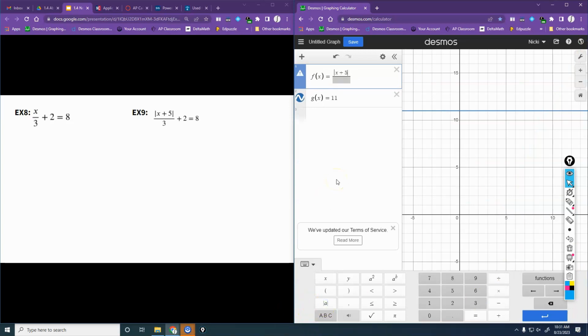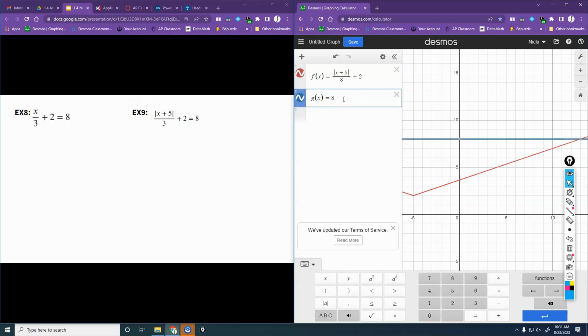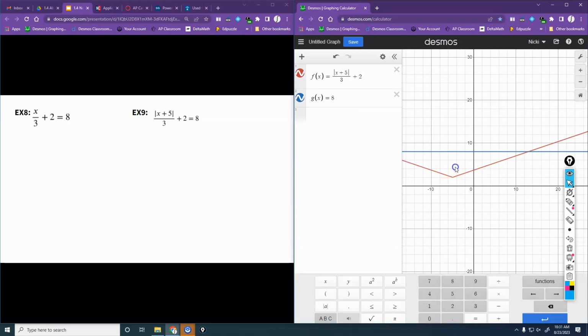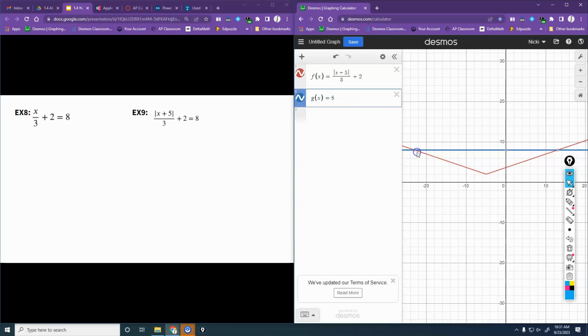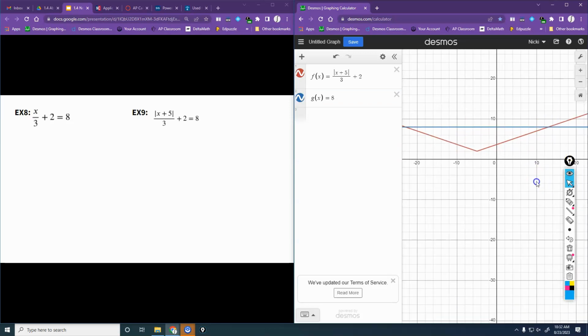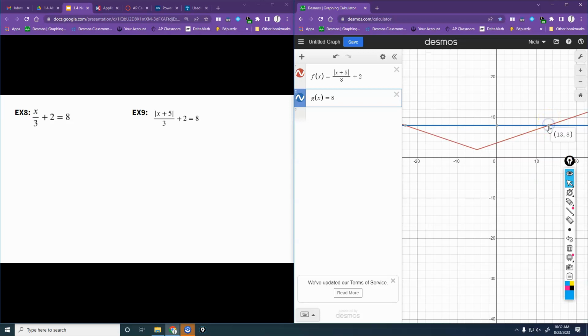X plus 5 over 3 plus 2. And then I'd put 8 on the other side. What can be tricky about using this is sometimes you have to zoom out. But I got negative 23 right there. And I've got, oh, can't see it from my pen, 13 over here. So it's the same as what I got. So you can use that to check if you need to.